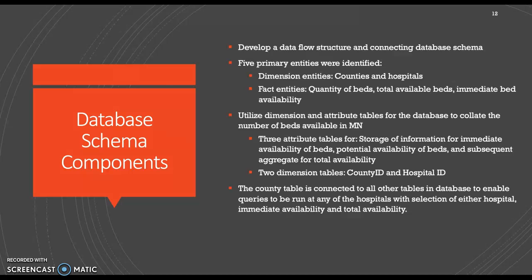At this point, we utilize dimension and attribute tables from the database to collate the number of beds available in Minnesota. There'll be three attribute tables for storage of information for immediate availability, potential availability of beds, and then subsequent aggregate for total availability of beds in Minnesota.